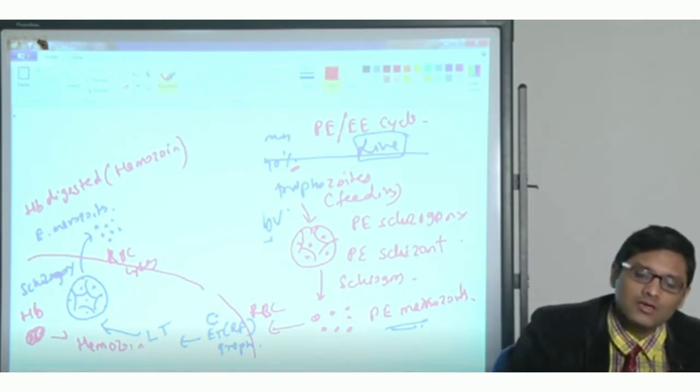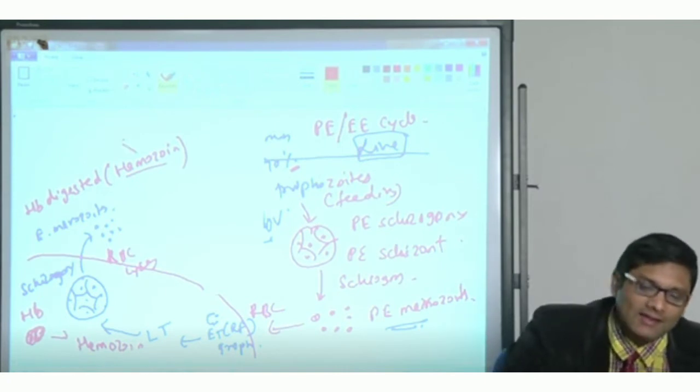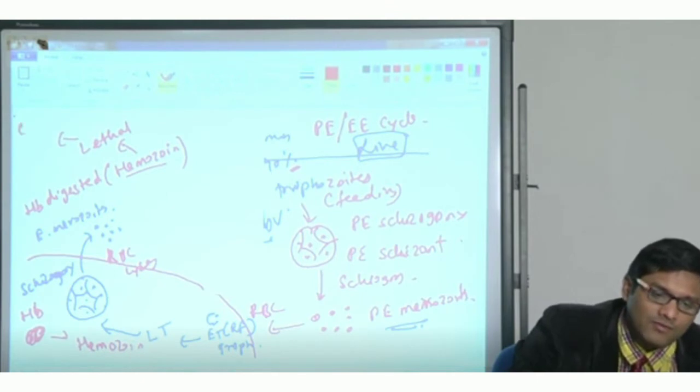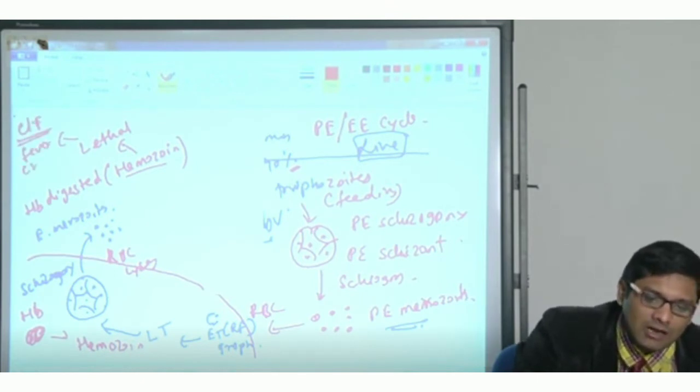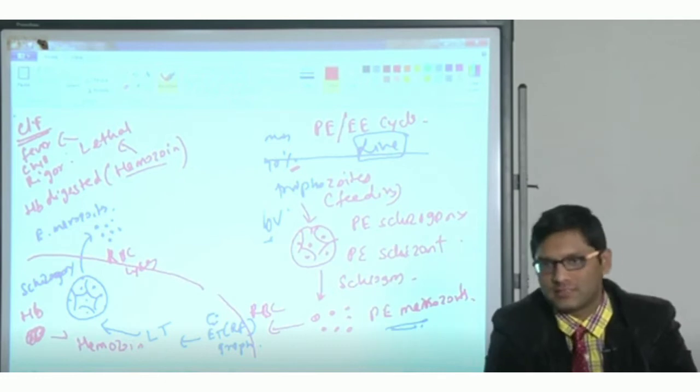Along with the merozoites, the hemozoin byproducts are released, and they are the lethal byproduct responsible for various clinical manifestations like fever, chill, rigor. All these clinical manifestations are due to the release of hemozoin pigments.